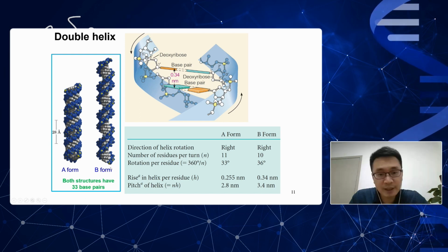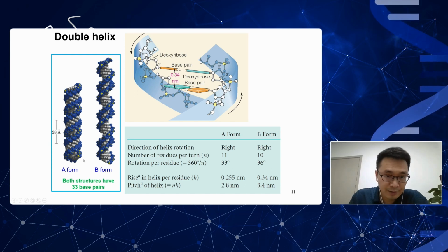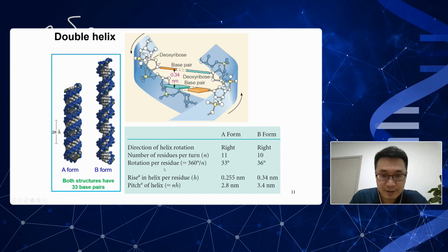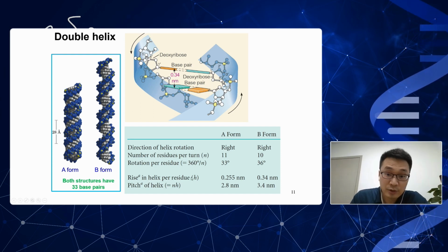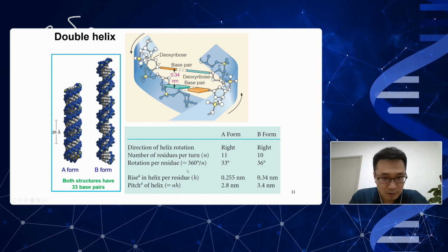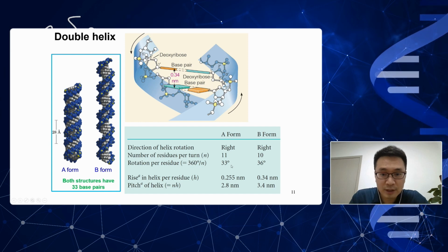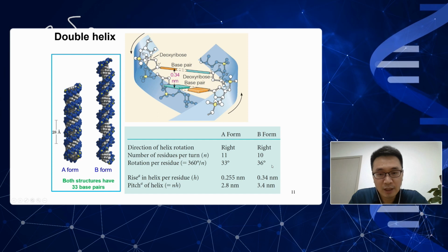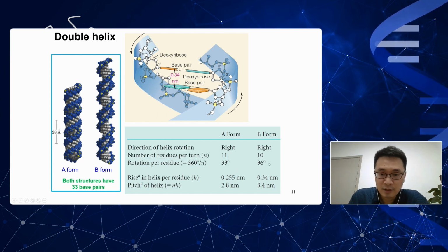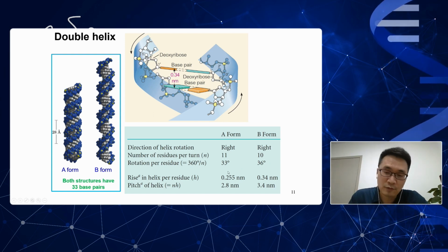So RNA duplex is much shorter and thicker compared to B-form duplex. And another parameter you can easily see is that the rotation of the A form is much smaller compared to B form. You can see each base pair rotates about 36 degrees for B form DNA, but it's only about 33 degrees for A form.